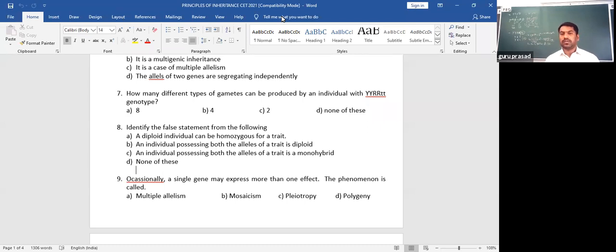Such a phenomenon is called mosaicism. Since it is not dealt with anywhere in our syllabus, but the term has been given, let us make the term familiar, or its definition: the presence of different genetic lines in the cells of the same body, or in the cells of the same organism.